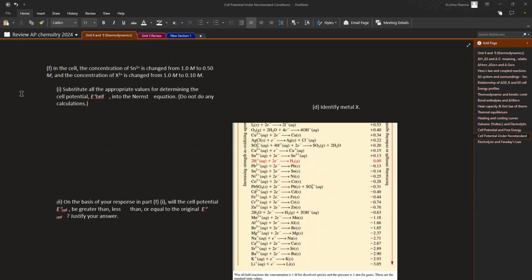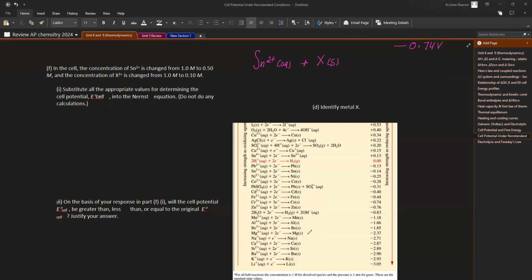Now you already know the equation. The equation is Sn2+ reacting with X solid. Can you see what the element is? Remember the element? What was the reduction potential of that element? Minus 0.74 volt.